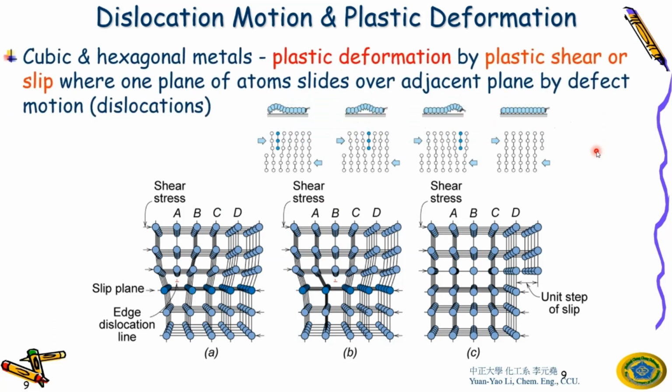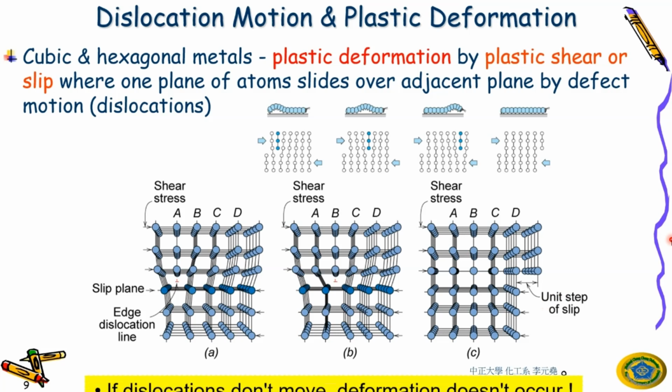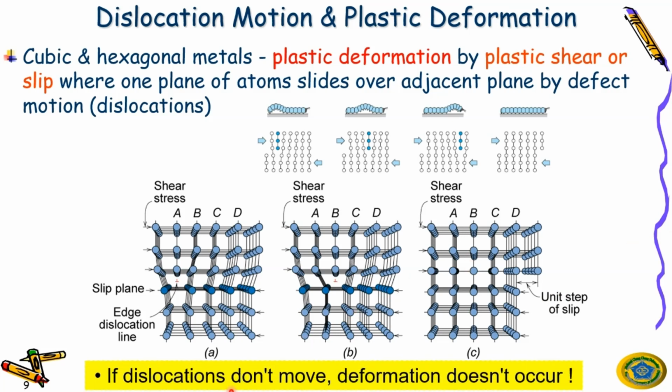Okay, so because this is permanently deformed, we call it plastic deformation or plastic shear. As you can see, this is A, B, C, D, E into the N. So if the dislocation doesn't move, the deformation doesn't occur.